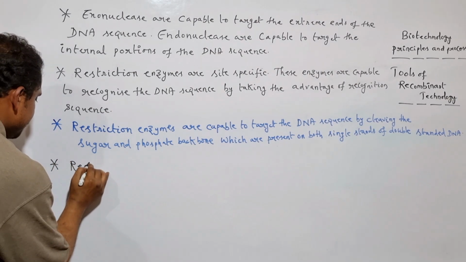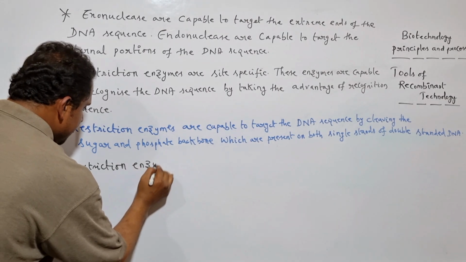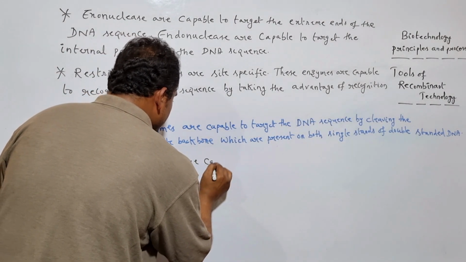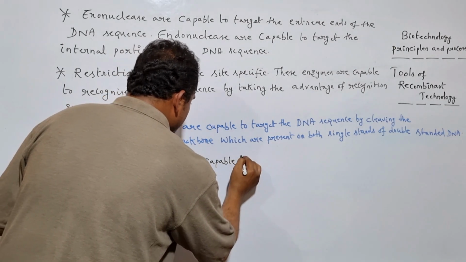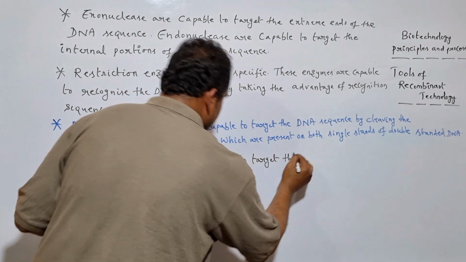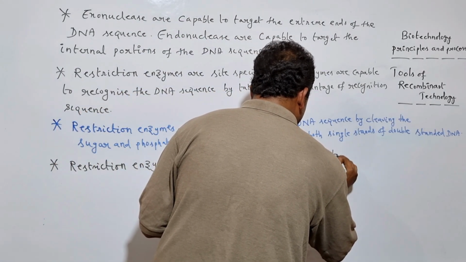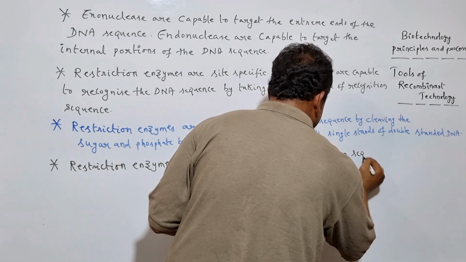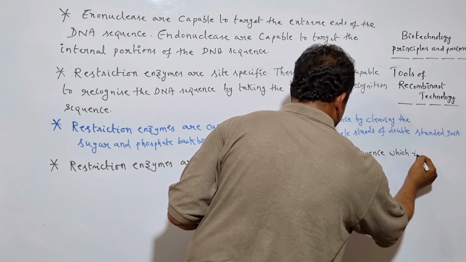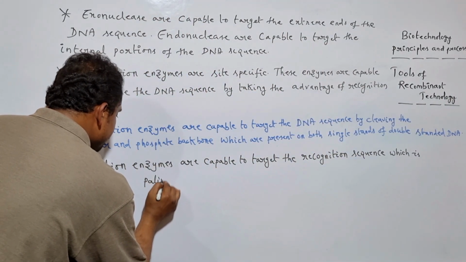Restriction enzymes are capable to target the recognition sequence which is palindromic in nature.